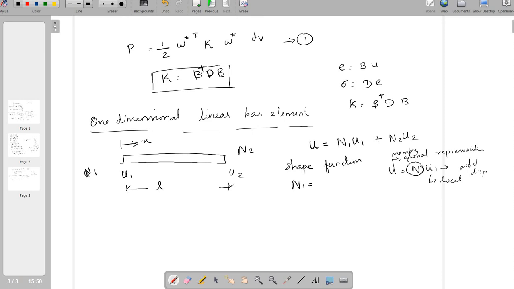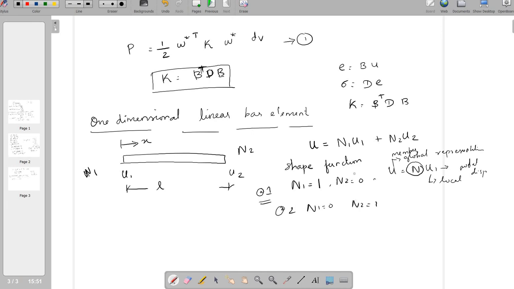At node 1, N1 should be equal to 1 and N2 equal to 0. At node 2, N1 should be 0 and N2 equal to 1.